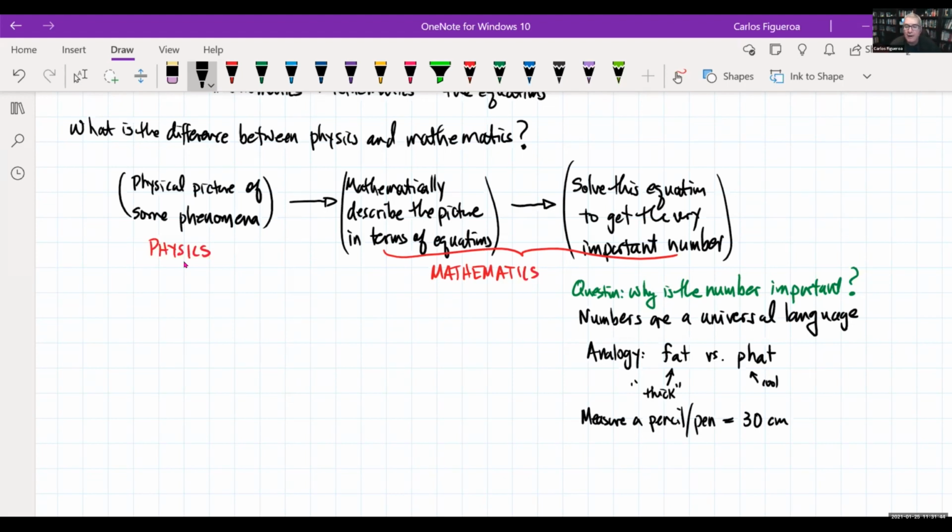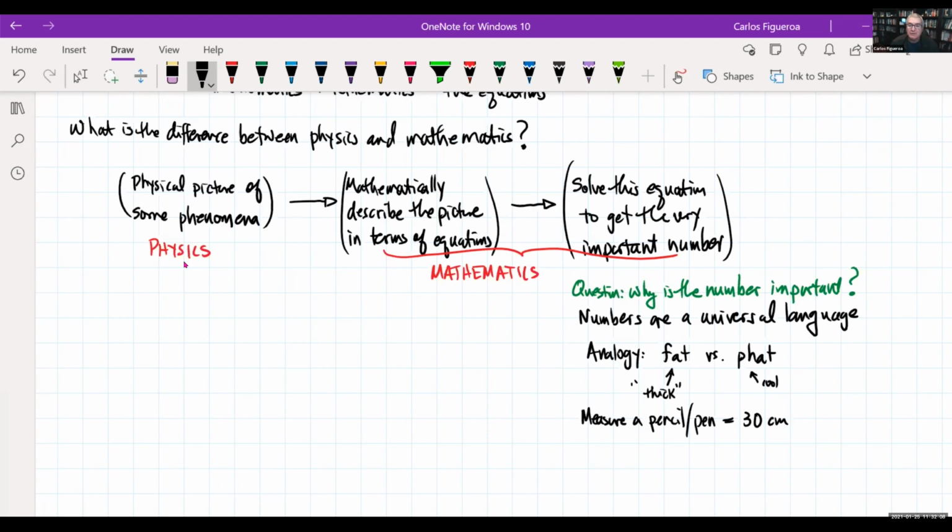But wait a minute, where did I get that equation? It was from the picture that I started off with. So that number, that equation, is really about the picture. Without that picture, you can't solve the problem. That's the difference between physics and mathematics.